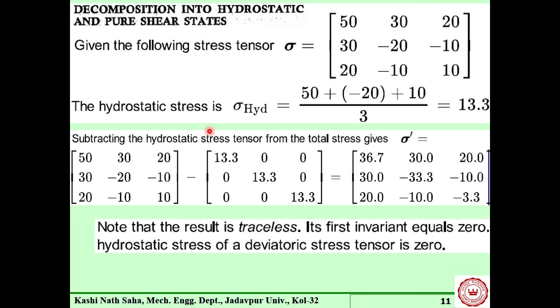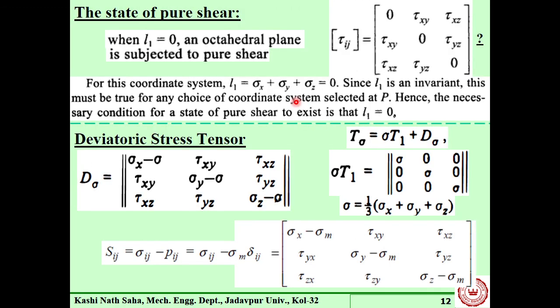This is a particular problem: how to find sigma hydrostatic, and how to express this state of stress in two parts, the hydrostatic and the deviatoric stress corresponding to the given state of stress. This decomposition is easy, nothing much is there.